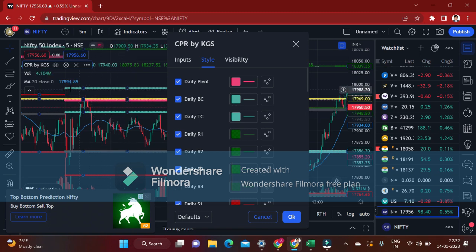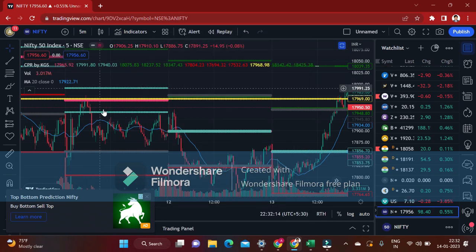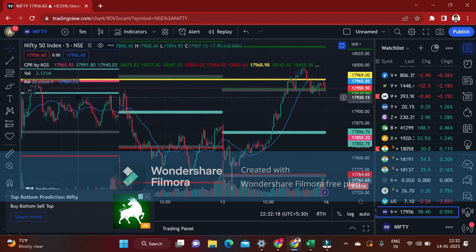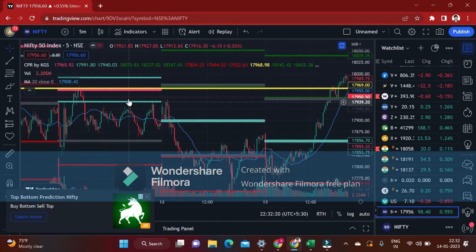All this together is called CPR. BC means bottom CPR, TC means top CPR, and this is the normal CPR level. All together it gives a range, from where price can act as a support or resistance.